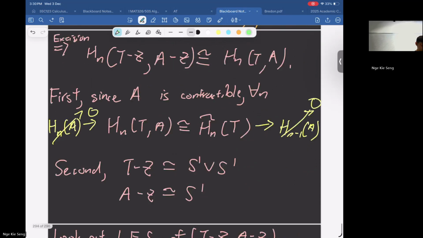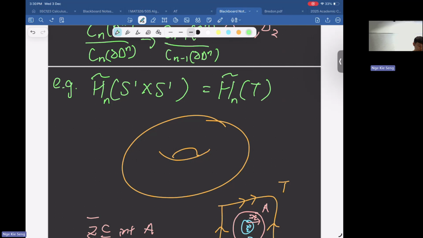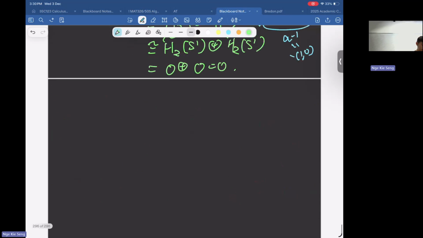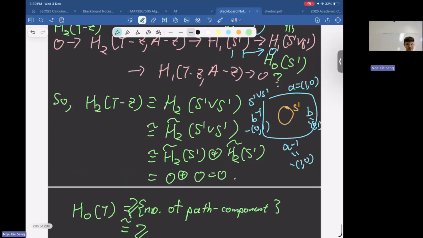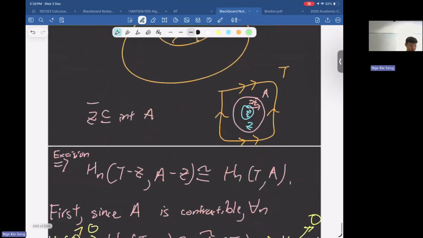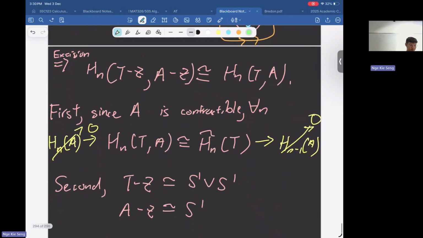So what do we want to know about? This one. Okay. So instead of reduced H_n, we can compute H0 of T also. H0 of T is the number of path connected components, right? Okay, so here is that. Or do you want to compute from the start here? If we compute from the start, what do we see?